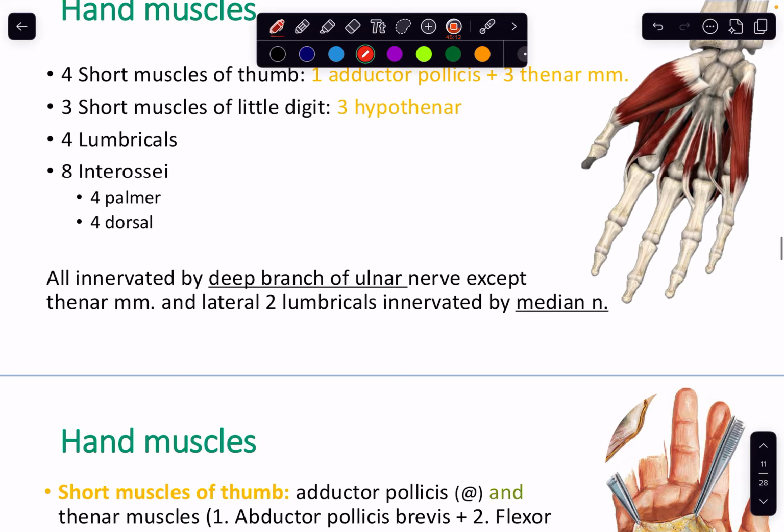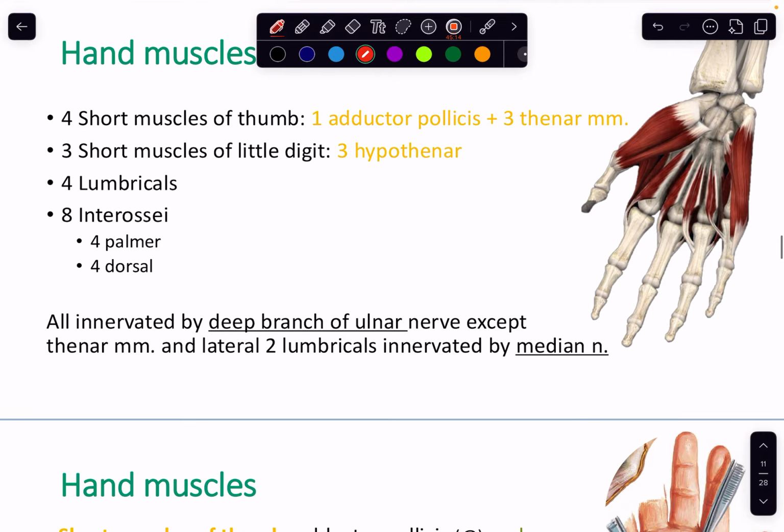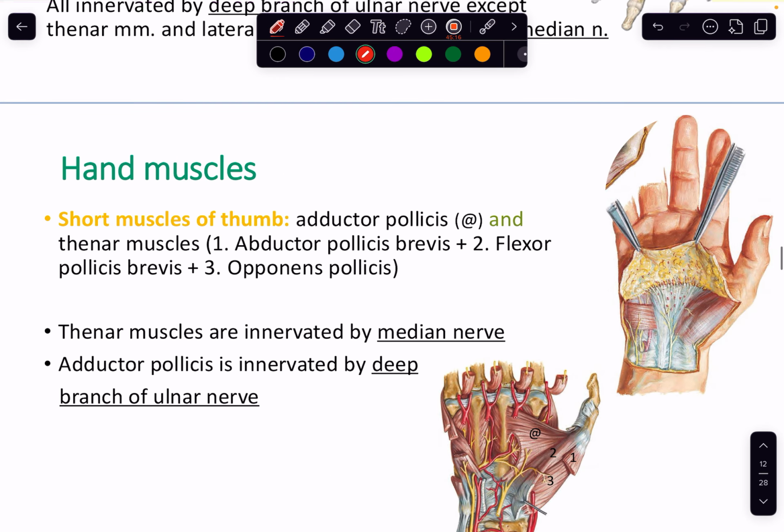Short muscles of the thumb, thenar. Total number of muscles is 4. But there is a discrepancy: 3 muscles are innervated by the median nerve and 1 muscle is innervated by the ulnar, right?